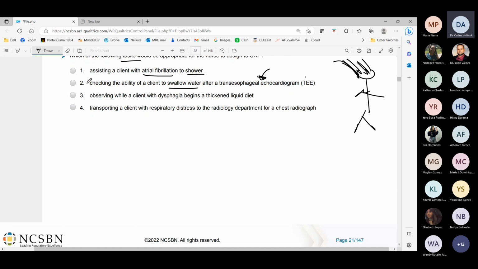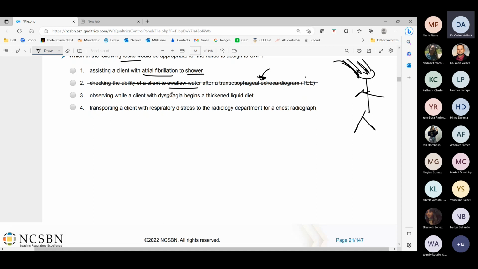After that, it is assessment. You need to assess the gag reflex, etc. So it's unacceptable. You cannot delegate assessment of the gag reflex and the capacity of swallowing of a client to a CNA.